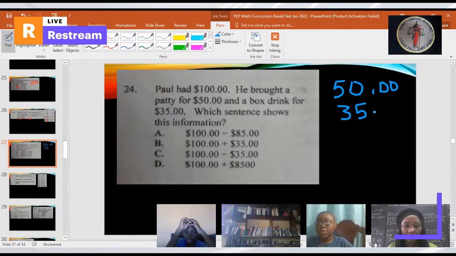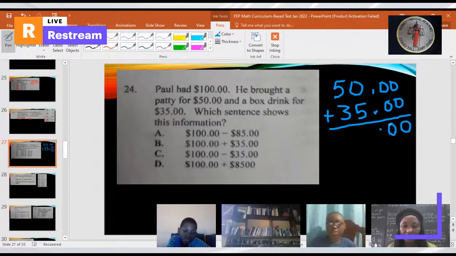Miss, it's to show that the prices combined, since there is no other option that has $100 minus 50 minus 35. Okay. So he bought the patty and the box drink. So you say we're combining, and when we add it, we will get 85. All right.